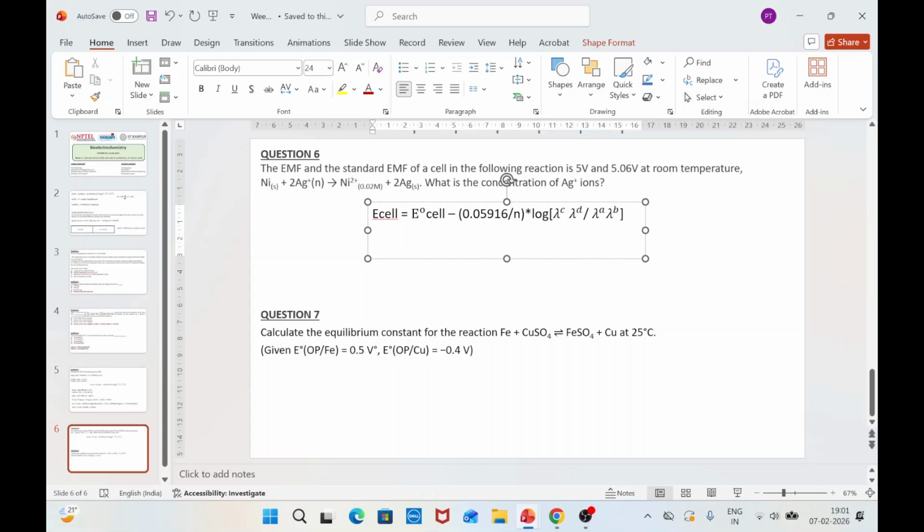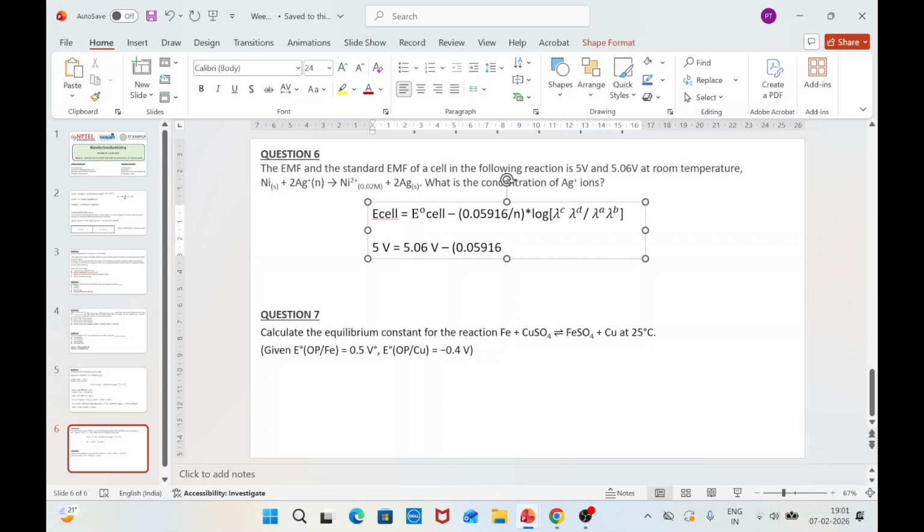So E cell is 5 volt and E naught of the cell, or standard EMF of the cell, is given as 5.06 volt, minus 0.05916.